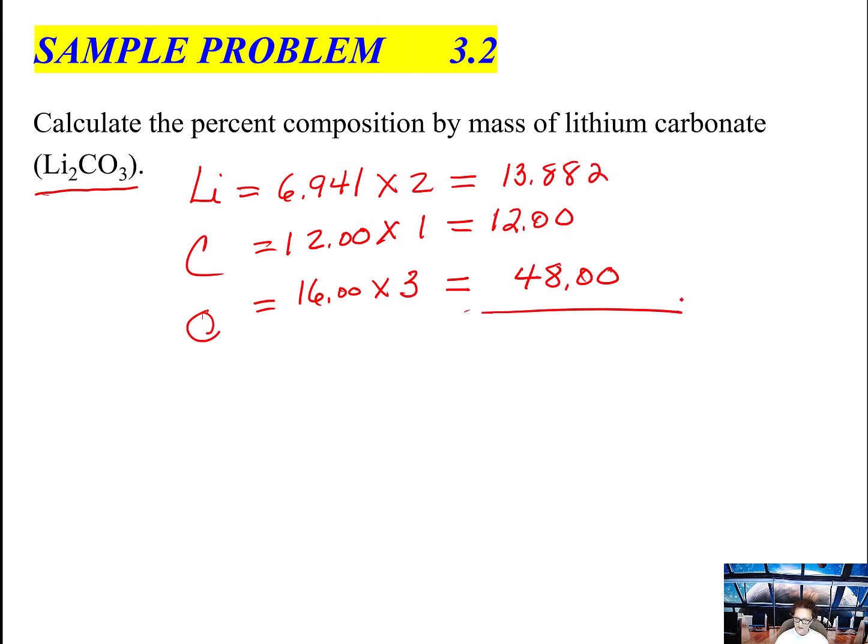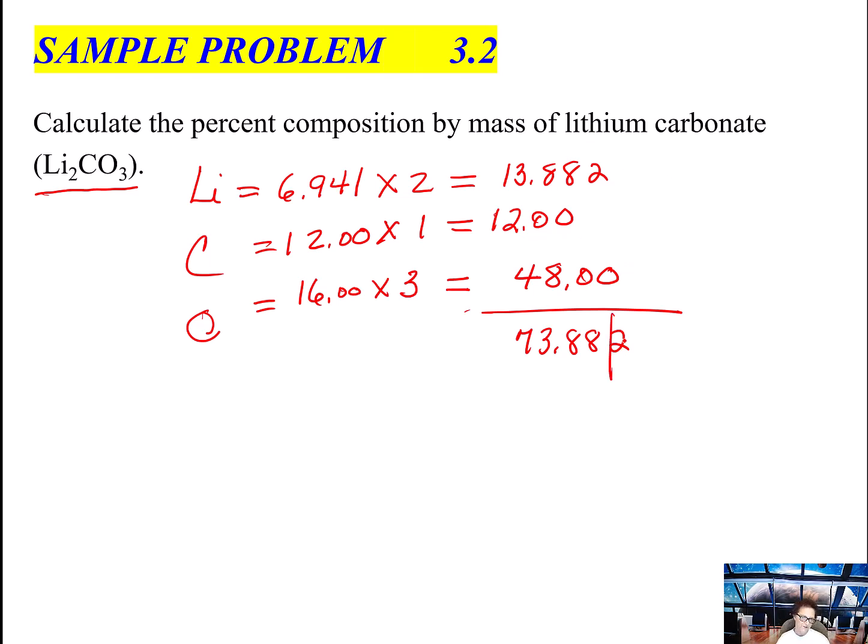So when I add all of those up, 13.882 plus 12 plus 48, I get a total of 73.882, or 73.88. Let's see. Oh no, I'm adding, so 2 decimal places, so yeah, 73.88.